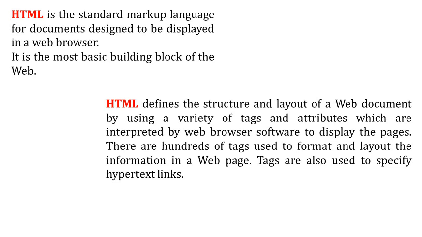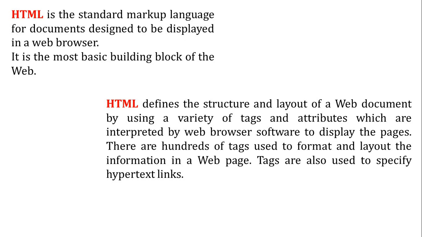We access the web pages in our browser, and all the content, the text, video, and so many other varieties of elements available in the web pages are structured by the HTML tags that we are going to learn step by step.